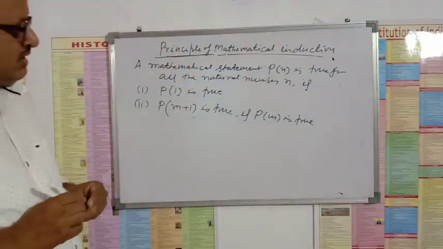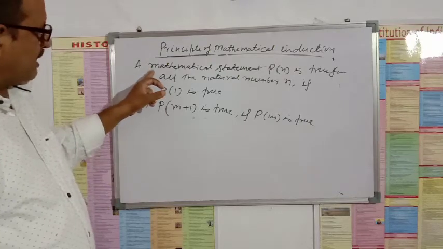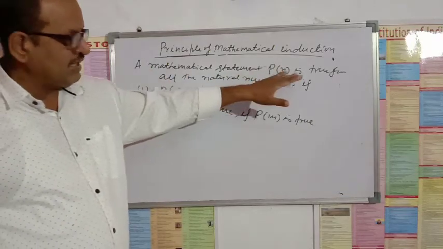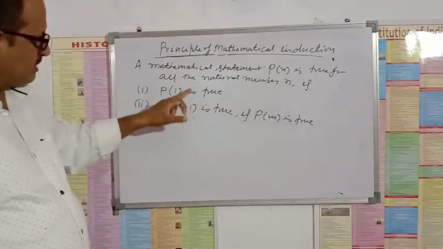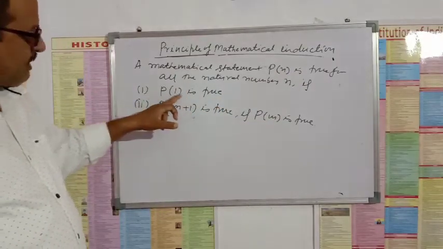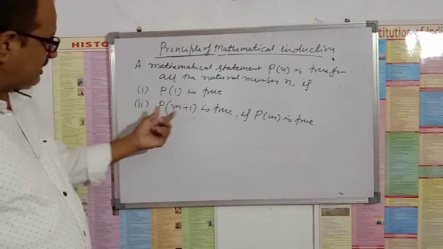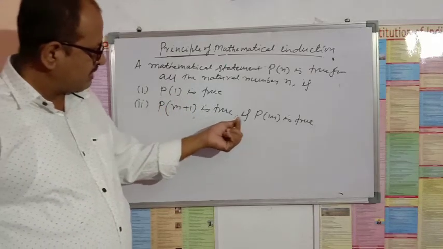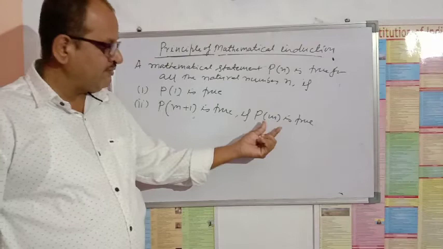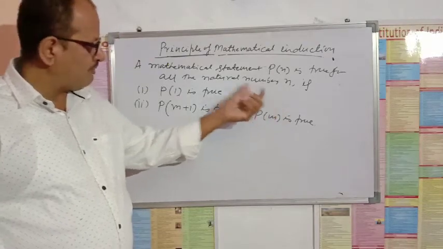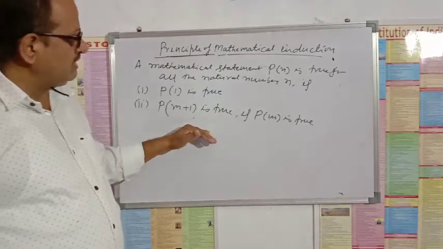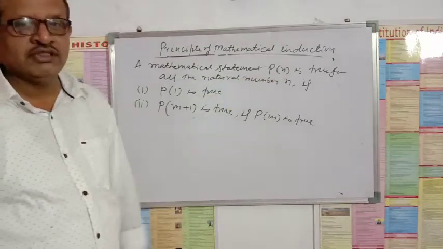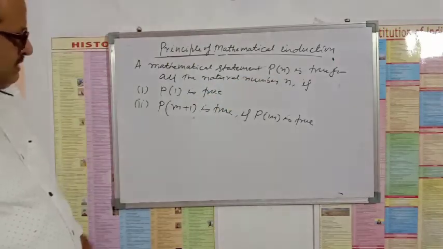So these are the two conditions. If Pm is true, meaning we suppose Pm is true, then we have to prove that Pm plus 1 is also true. After that, we can say that Pn is true for all the natural numbers.